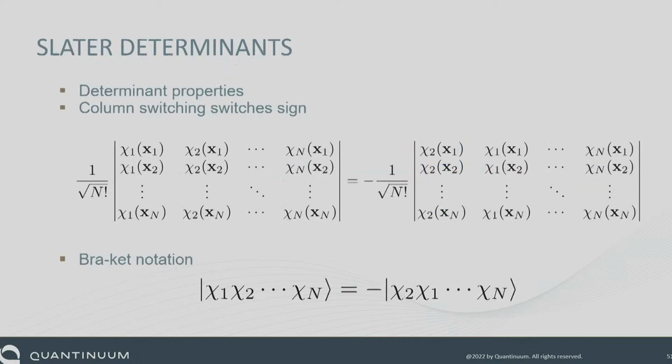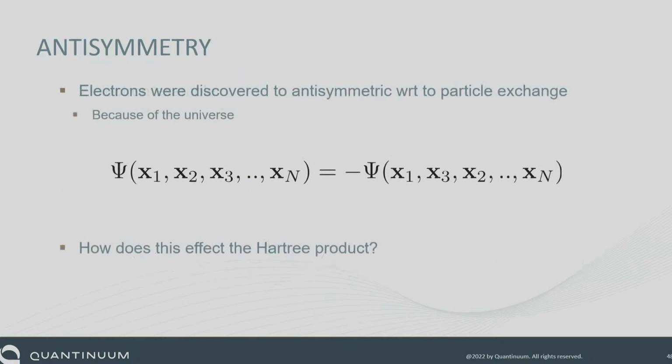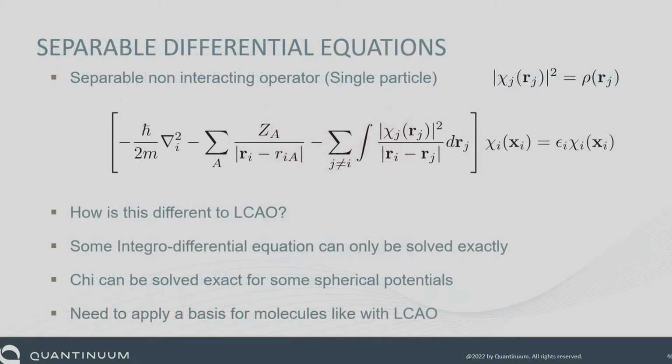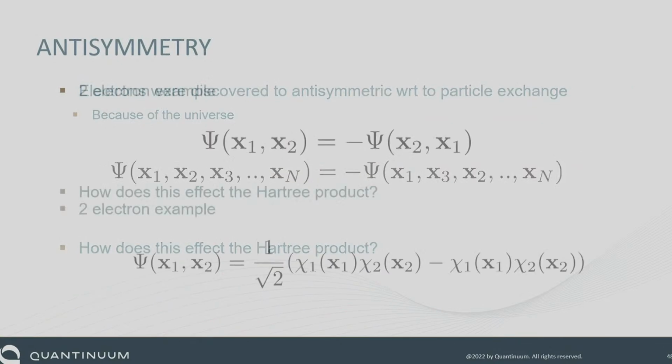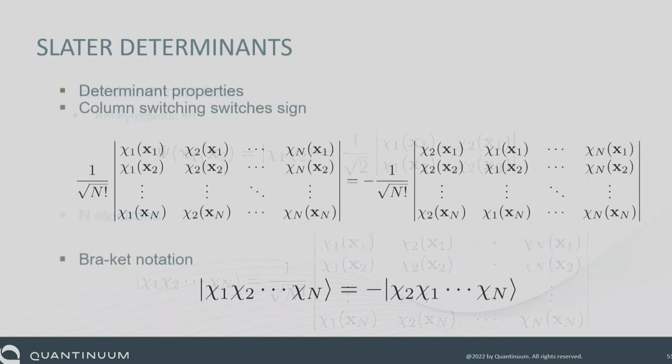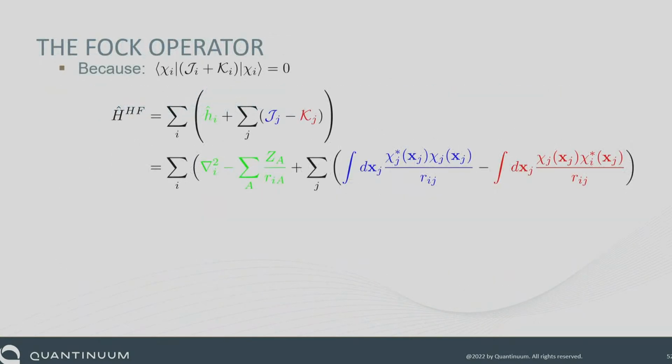If you go back to this equation, this is the mean field equation. So we have this mean field term where we're integrating over all the spin orbitals, all their positions. Now, in the presence of antisymmetry, you basically get this result.